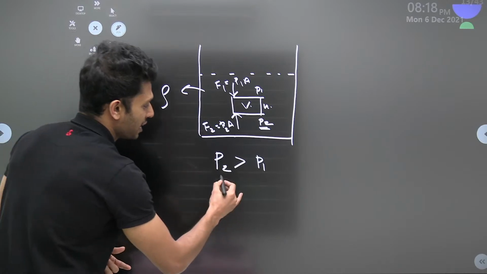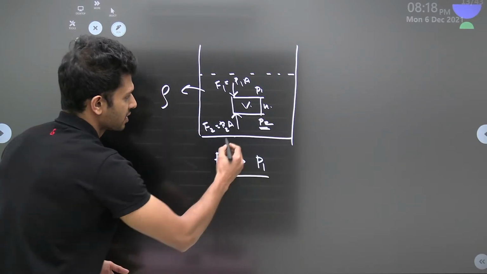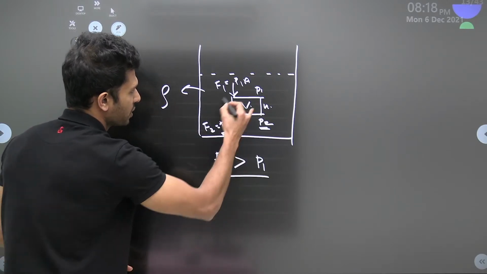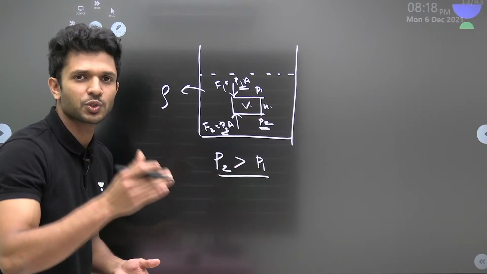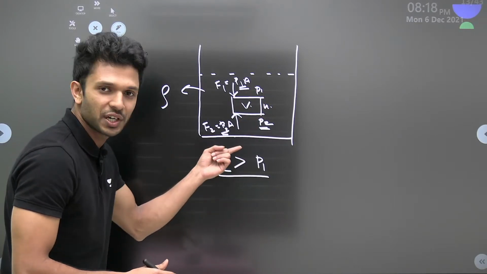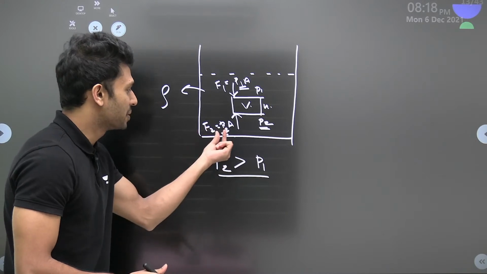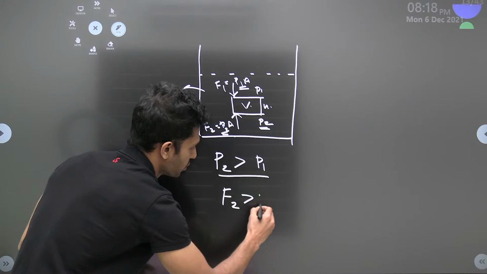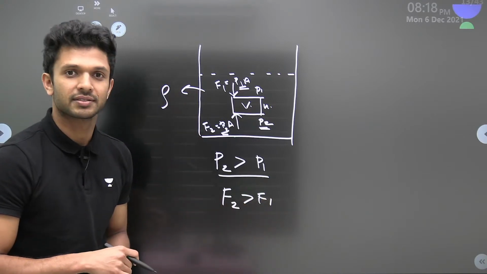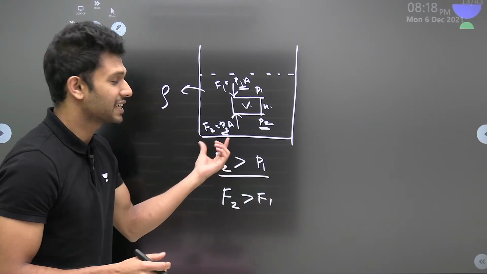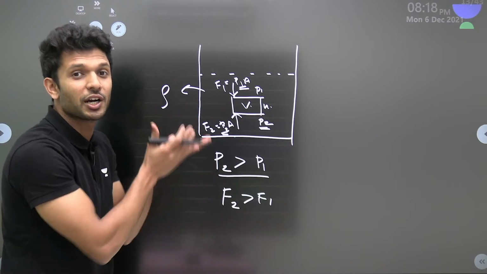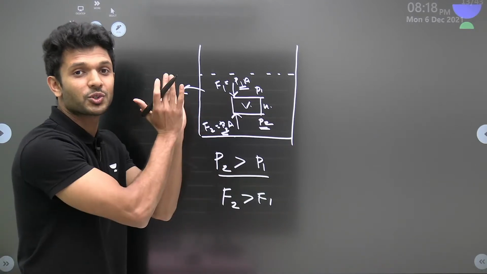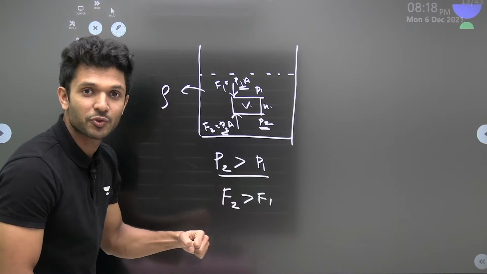If P2 is greater than P1, F2 is P2 into A and F1 is P1 into A. Which force is greater? P2 into A, because P2 is greater than P1. So F2 is greater than F1. So there is a net upward force acting, because the upward force is larger than the downward force.